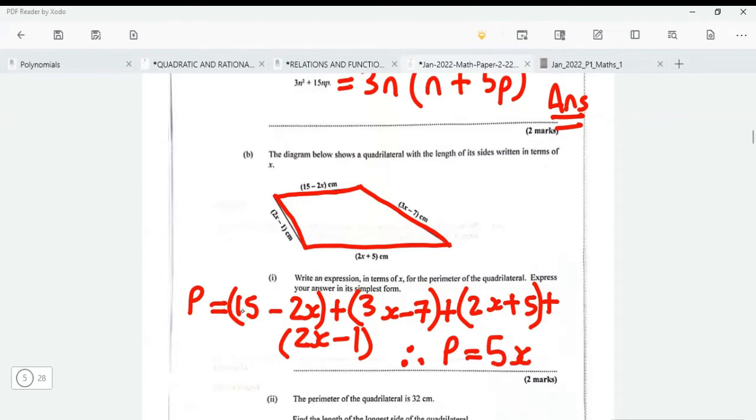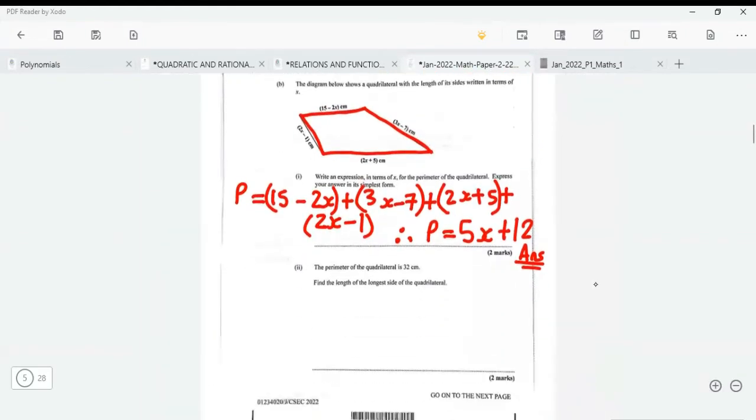And then right here now, 15 plus negative 7 is 8. 8 plus 5 is 13. 13 minus 1, that is 12. That's 5x plus 12. All right, that's our answer.